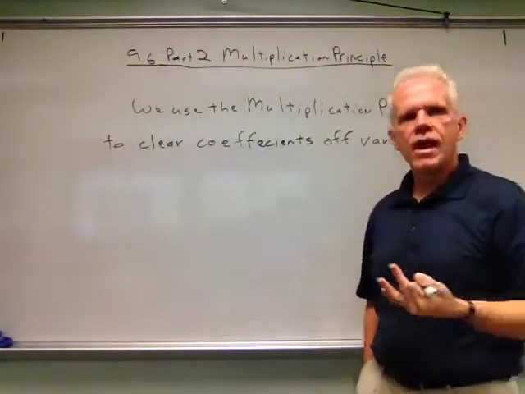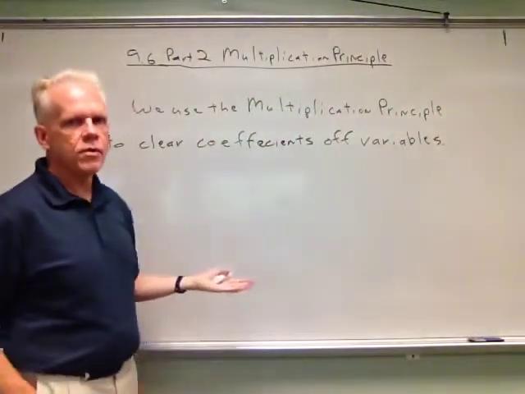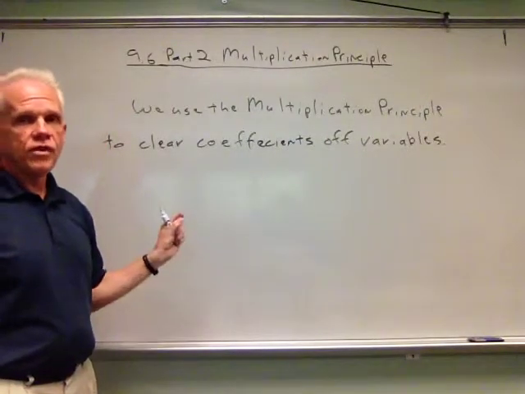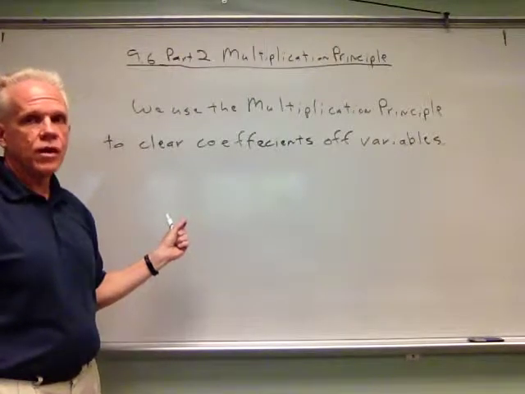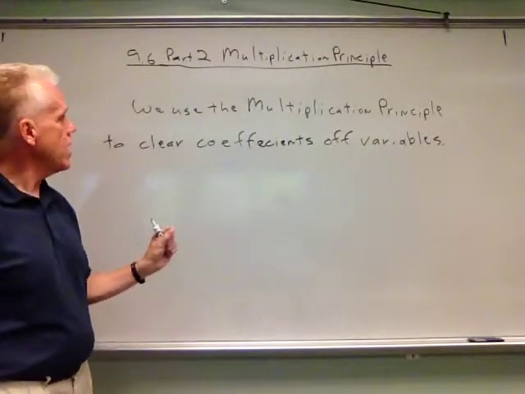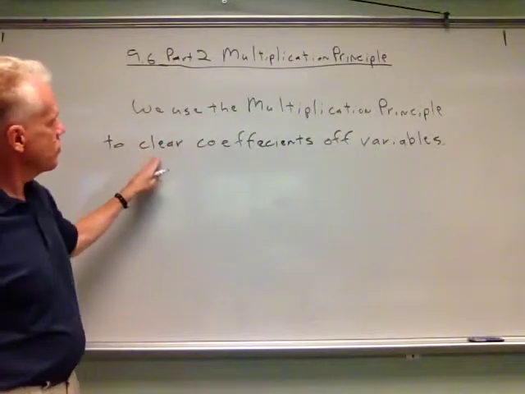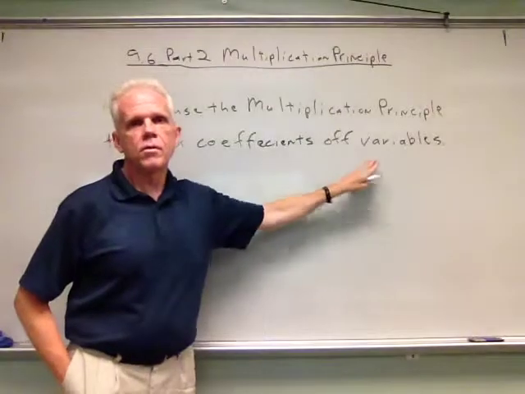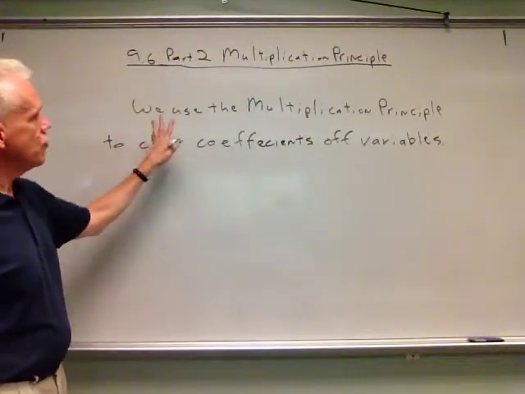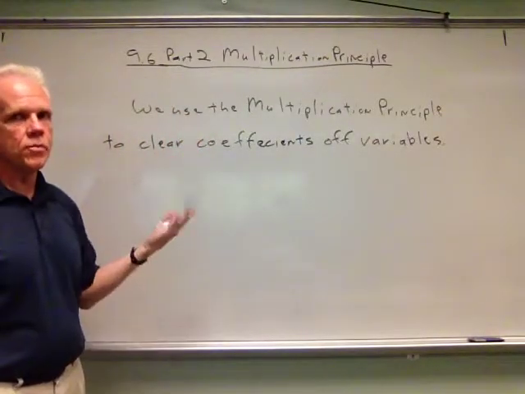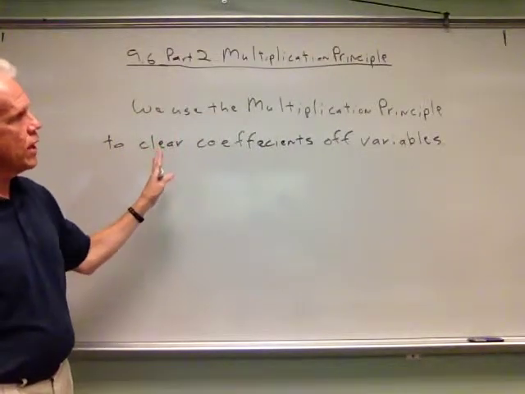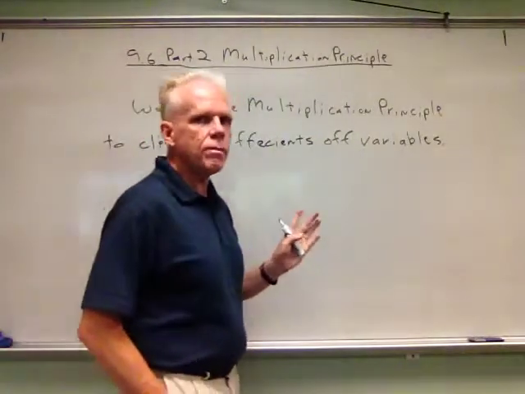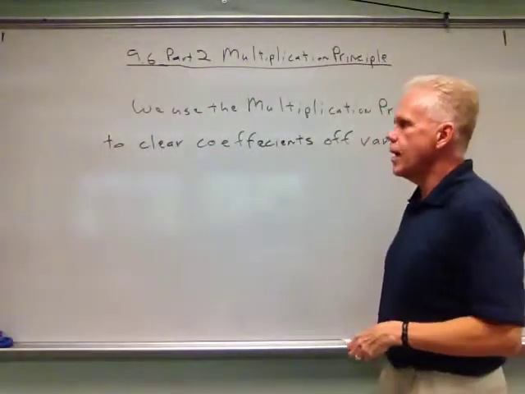If you refer to the last example we just had on the board, 6x equals 18, the coefficient was the 6, and we wanted to clear the 6 off the x. So we used the multiplication principle to clear that coefficient 6 off that variable x. That's what we did. We use the multiplication principle other ways too, but this is one of the ways that we use it.